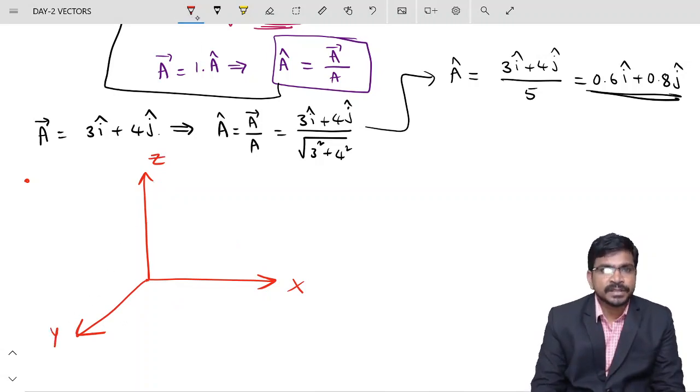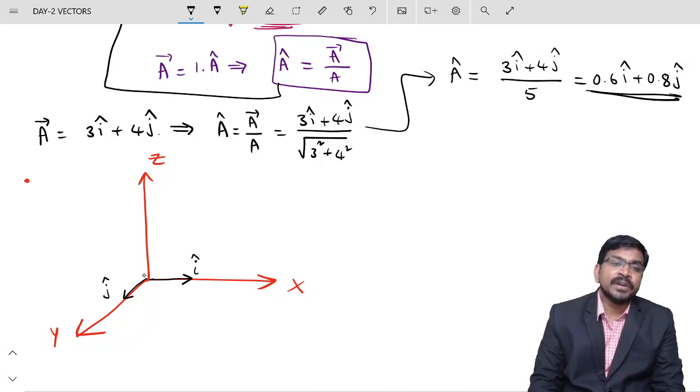The unit vector along the x-axis is i cap, the unit vector along the y-axis is j cap, and the unit vector along the z-axis is k cap.